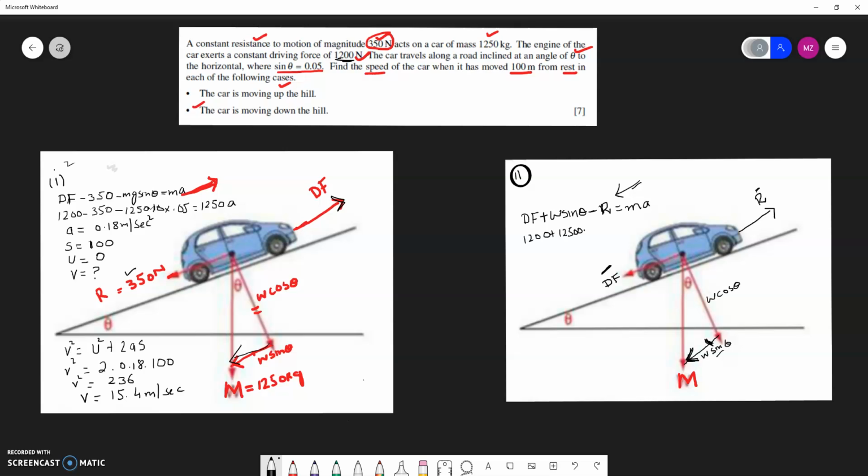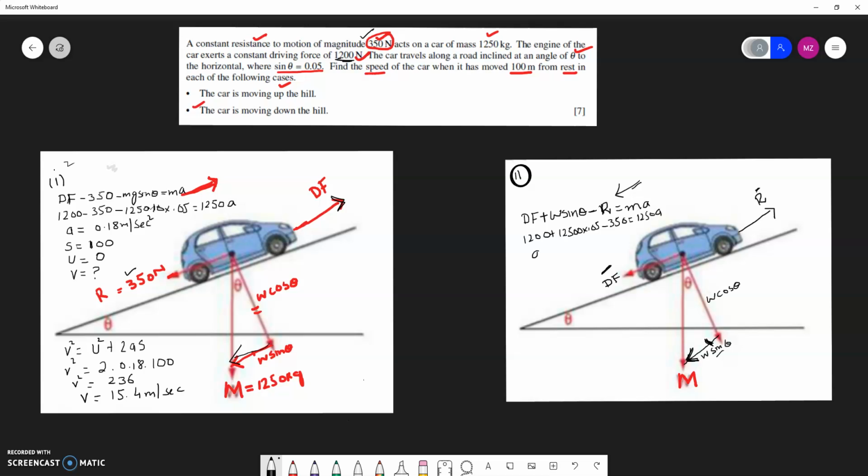Sine theta value is given, it is multiplied by 0.05, minus R. R is also given, its value is 350 Newton, and this is equal to M. M is given, that is 1250, and a.